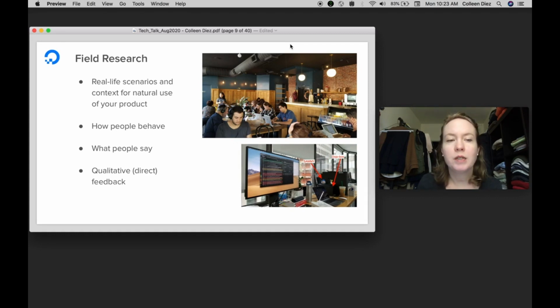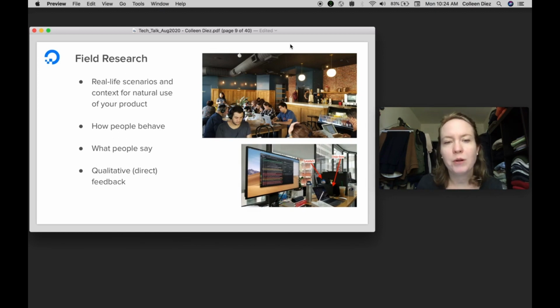Field research can really show you how people behave in the environment where they either live or work. It does give you a sense of what people are saying about your product, and it is qualitative feedback. It is direct feedback specifically about your product and how they might, or are, trying to use it.